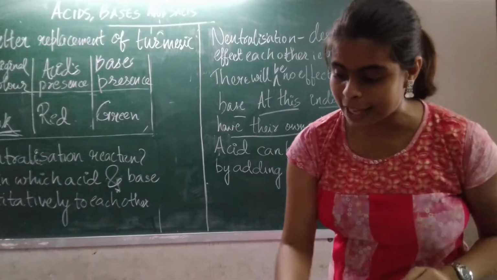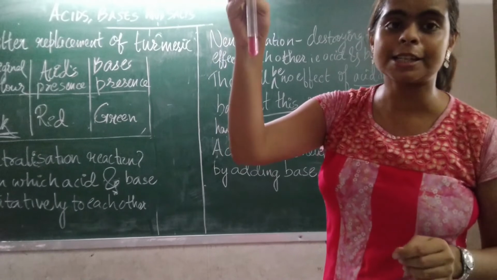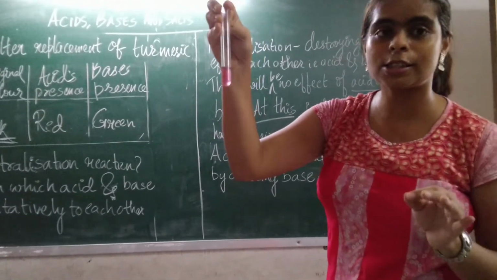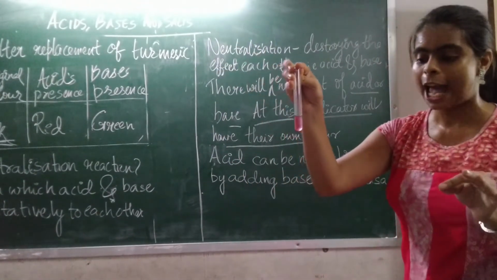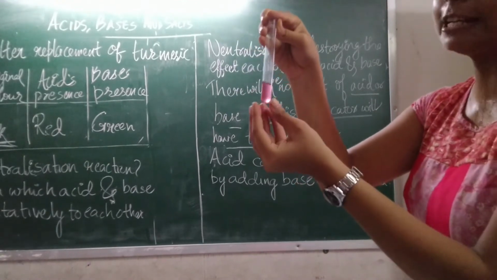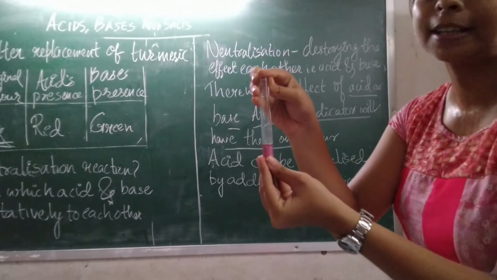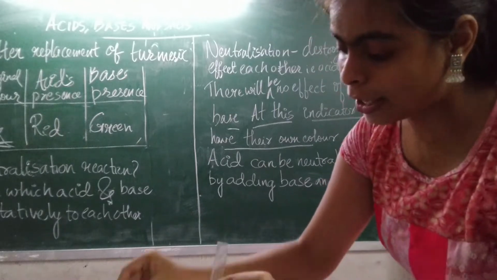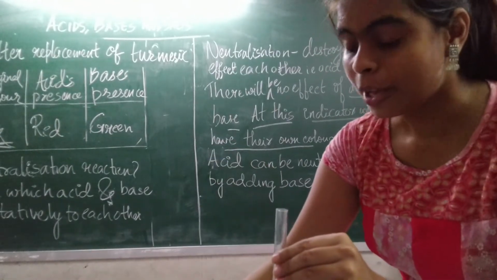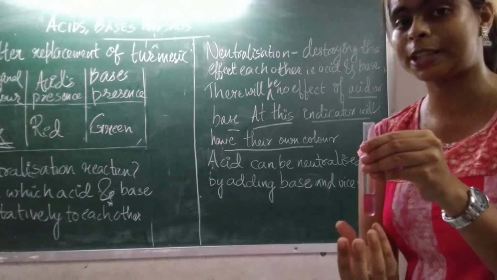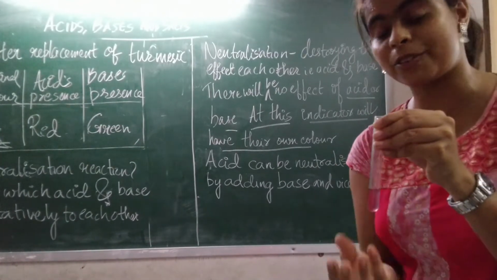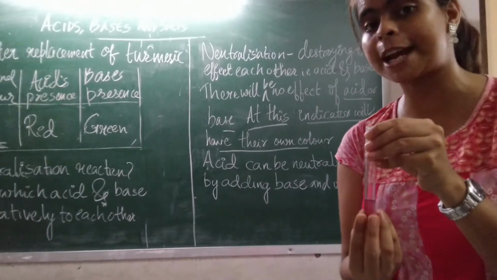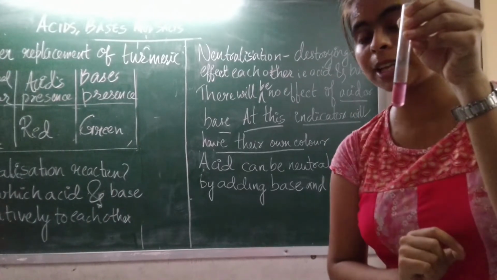As you have seen, upon adding base to an acid, slowly dropwise we have been adding this, and we have reached the point where the indicator has gained its own color. At this point in this solution we know that it contained acid, and we also added base, but there is no effect on the indicator.